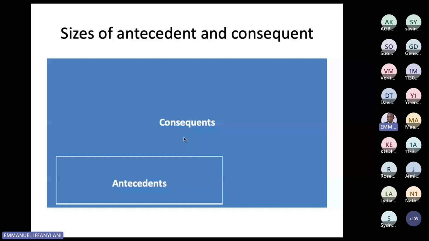When you say all Ghanaians are Africans, you are not only saying that Ghanaians are accommodatable in Africans, but you are also saying that everything in the Ghanaian class is inside the African class. Everything in the Ghanaian box is inside the African box. All Ghanaians are Africans.